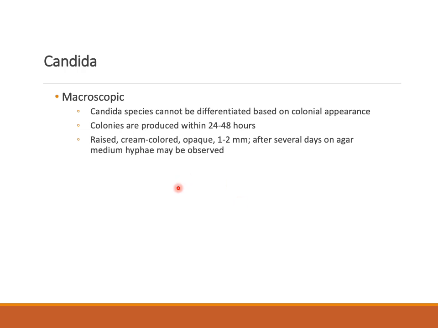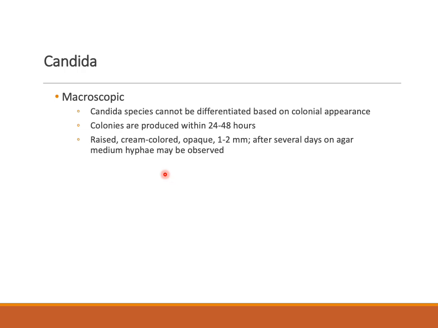Now, we have already shown these pictures before, but I would just like to show them again for more emphasis. These are the cultures or the colonies that are produced by Candida. It's a yeast colony. As I had mentioned, it looks like a bacterial colony. It can be grown after 24 to 48 hours of incubation.